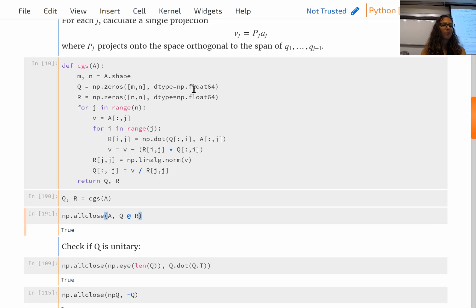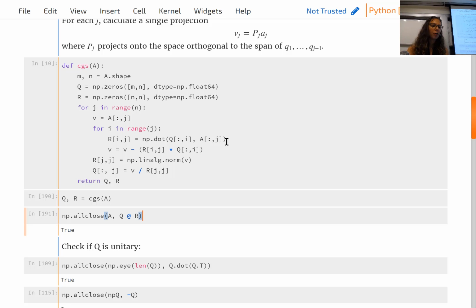So I wanted to go back to the code now that we've seen these pictures of what's going on. The outer for loop is where we're trying to find a particular Q, Q1 or Q2. The inner for loop is where we're doing the projections onto the previous Qs.